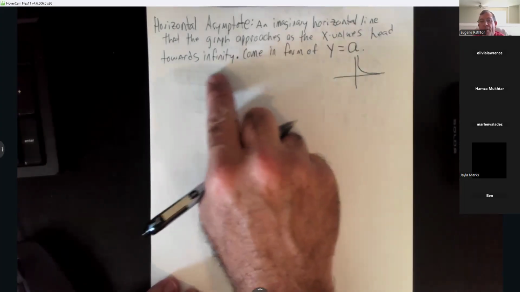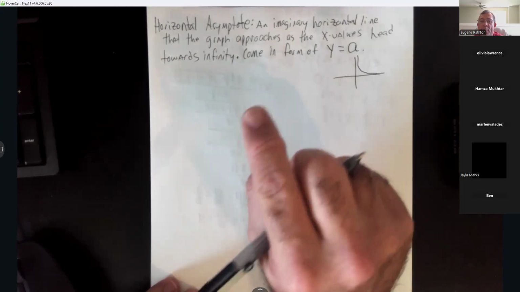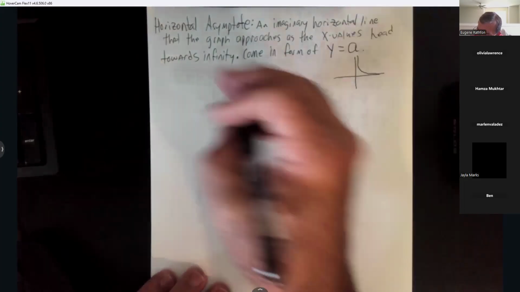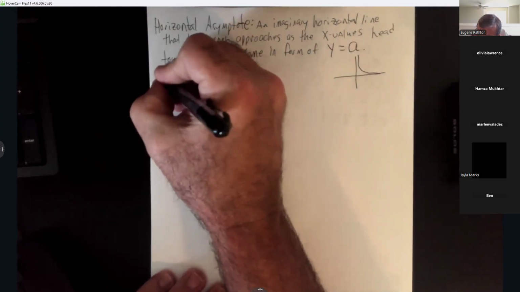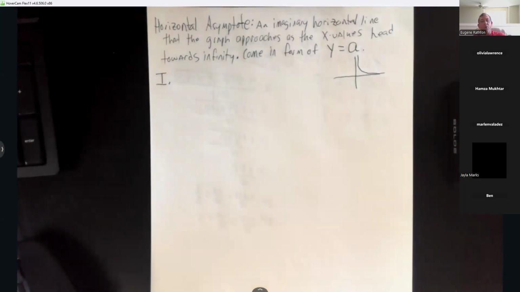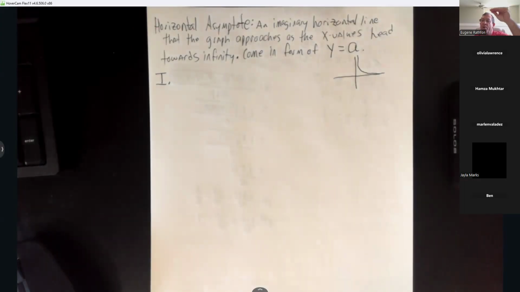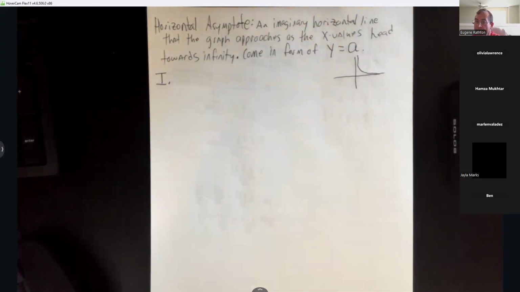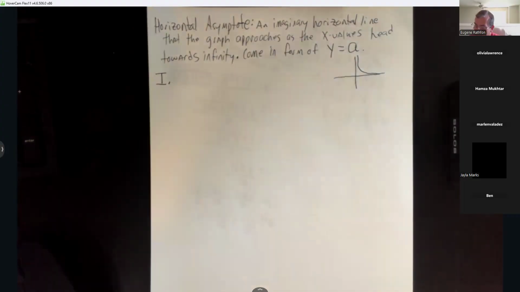Now, there are three cases to determine the horizontal asymptote. What we do is compare the degree of the numerator to the degree of the denominator. So we're looking at the biggest exponent of each, okay?